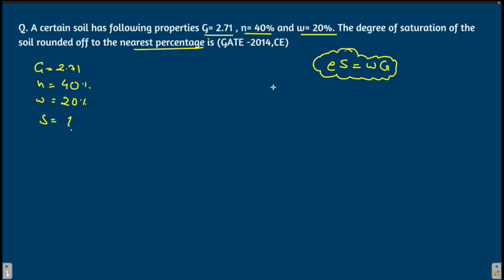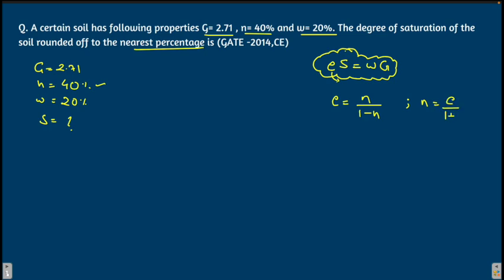The problem here is that this e, the void ratio, is not given in the question. Instead, porosity is given to you. So you need another relationship between porosity and void ratio. e = n/(1 - n), and if you rearrange this you get another relationship, that is n = e/(1 + e).